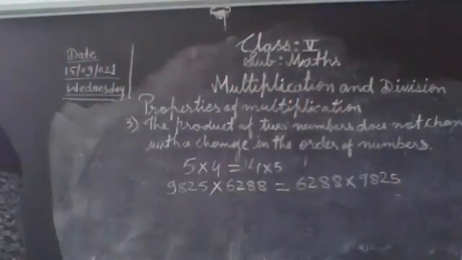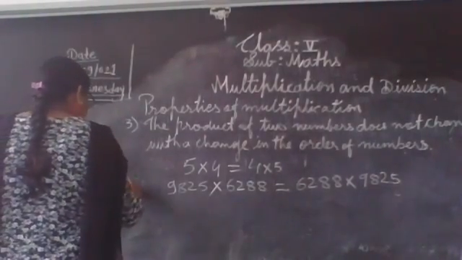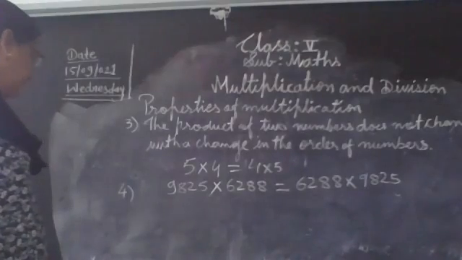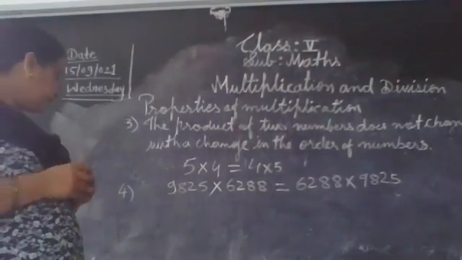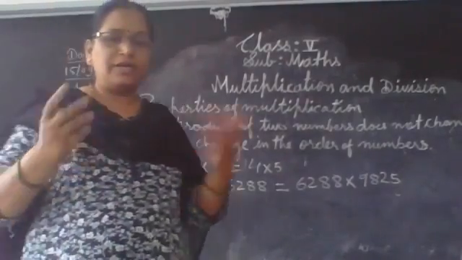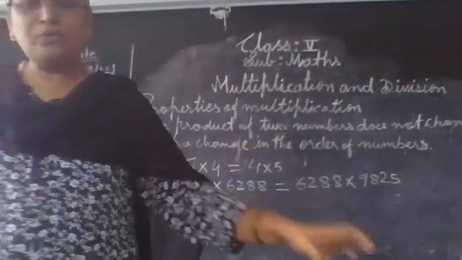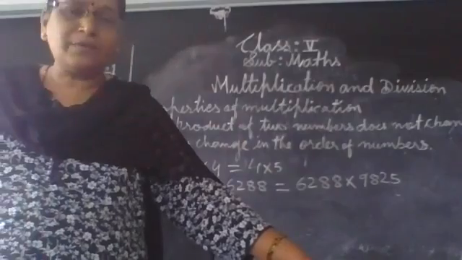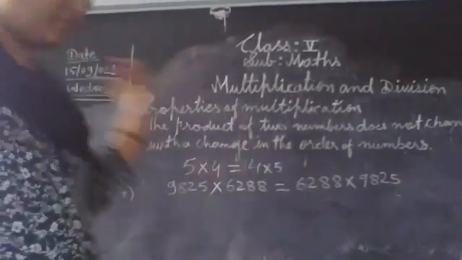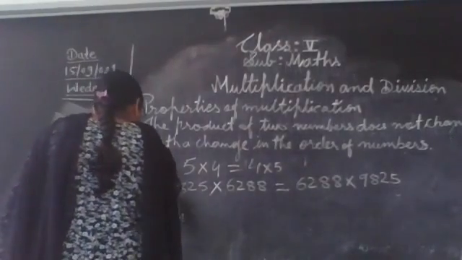Got it, children? The fourth property. Regrouping and changing the order. It means if you multiply two or more than two numbers, you can regroup the numbers and then multiply, and every time you will see the product is the same.